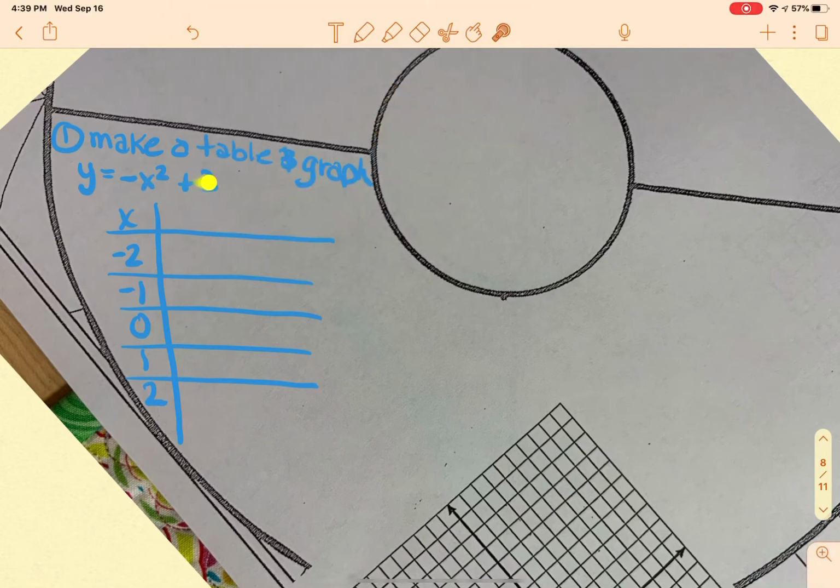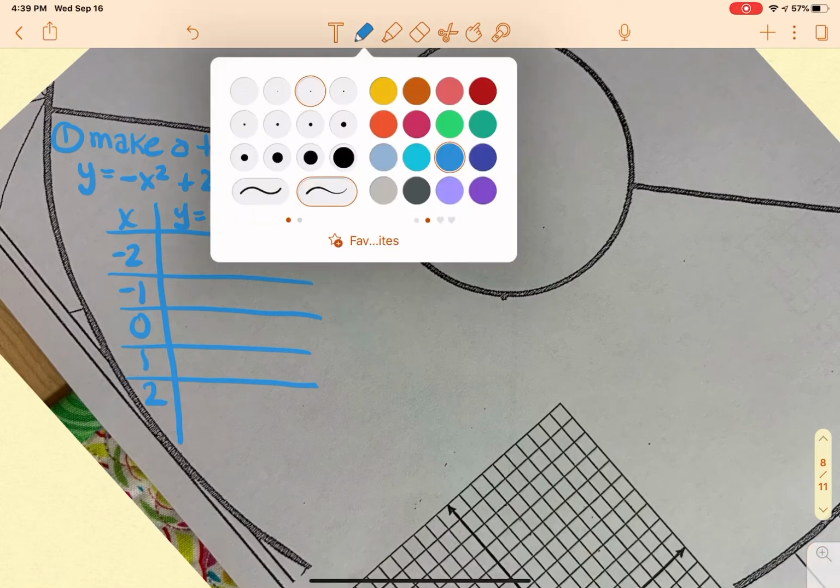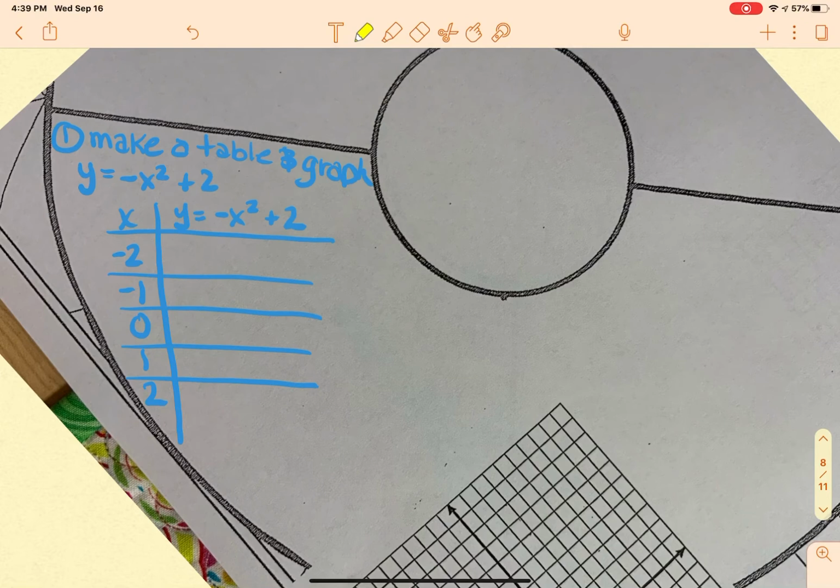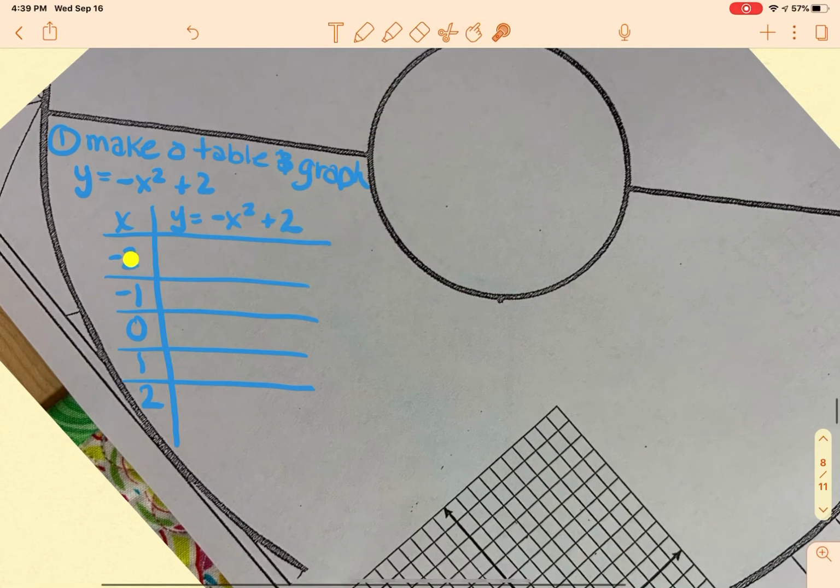Now, I am going to take this equation and put it right here as well. Okay, now I'm going to take these one at a time and take these numbers and plug them in for x. Now, I will tell you on this one, it would probably be very helpful for you to plug them into Desmos.